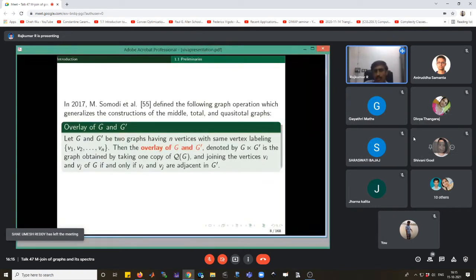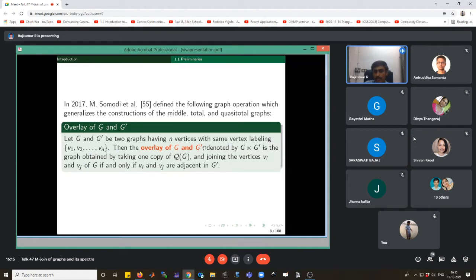This graph overlay of two graphs generalizes the construction of the middle graph, total graph, and the quasi-total graphs. Its definition is the following. Take two graphs G and G' having the same number of vertices with the same vertex labels v1 to vn.